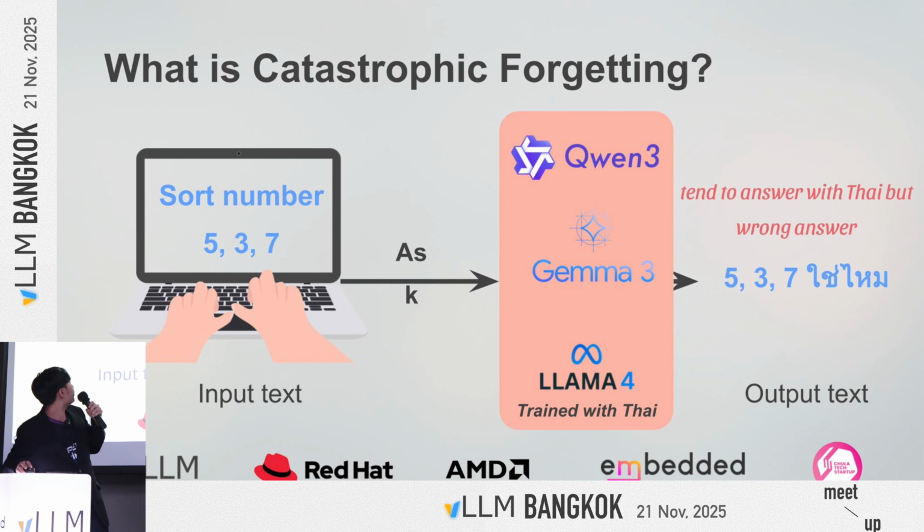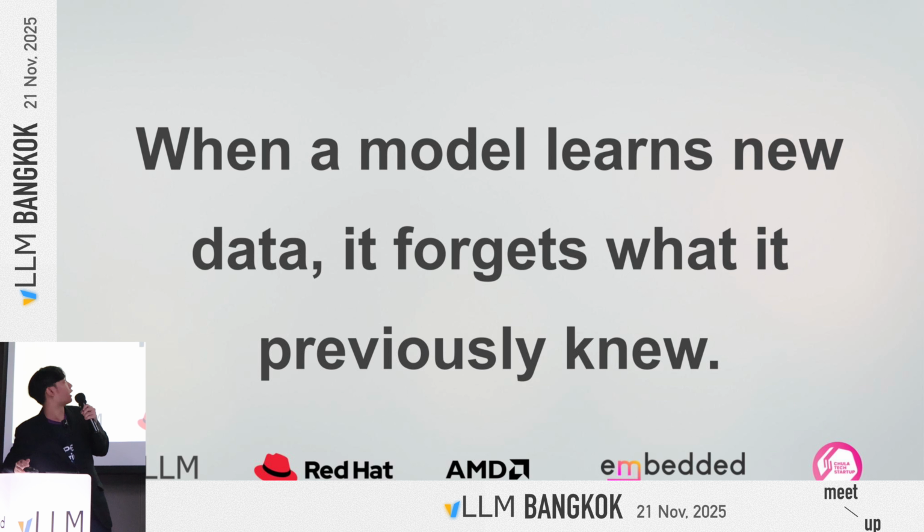So if I ask the model that was trained with Thai the same question, sometimes the model tends to answer in Thai, but with the wrong answer. As you can see, it's not 537, it should be 357. The definition of catastrophic forgetting is when a model learns new things, it forgets what it previously knew.